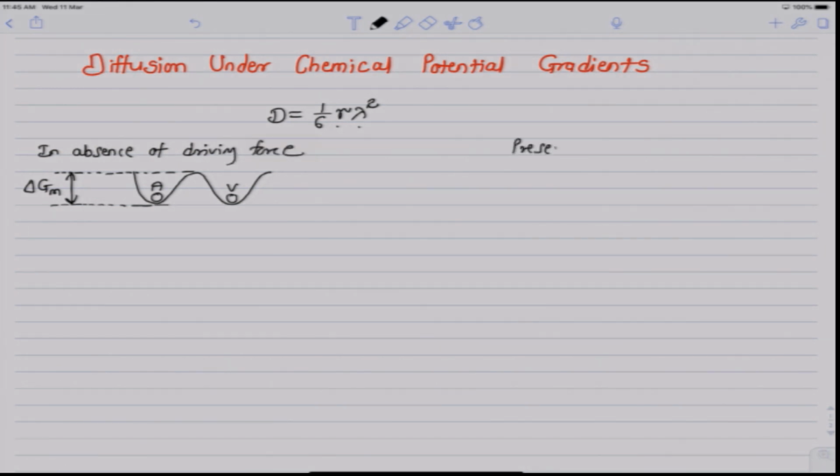We will see that in the presence of a driving force, this potential energy well configuration is a little bit different. The potential energy wells would look something like this.